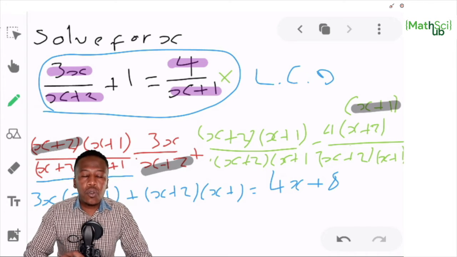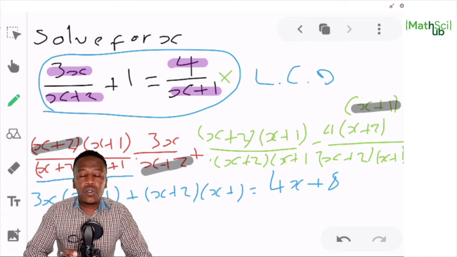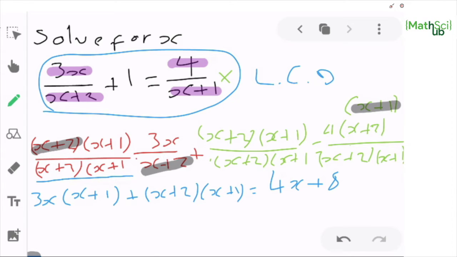Now from this point on, we need to get our equation into what? The standard quadratic form. Meaning now we're going to have to distribute. We're going to distribute the 3x to everything that is in the bracket. We're going to have 3x squared plus 3x, right, plus x squared. We get rid of this bracket.